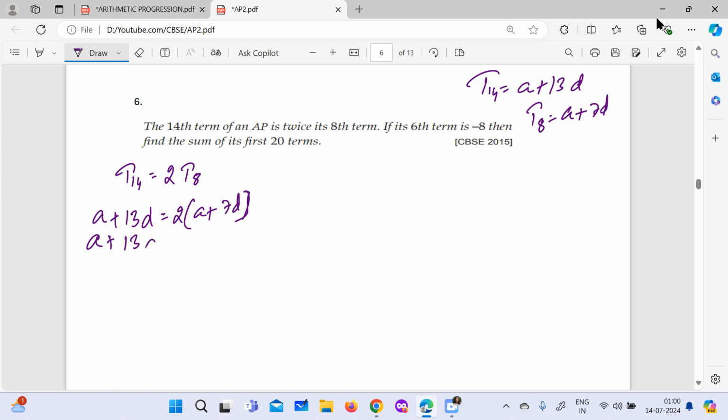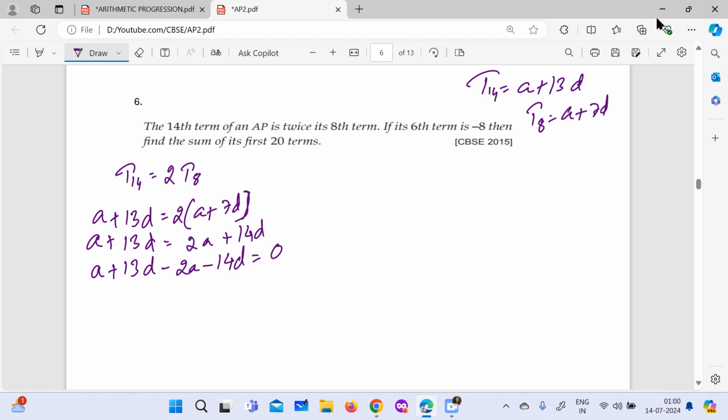A plus 13D equals 2A plus 14D. Now what we can do is bring everything to one side. So A plus 13D minus 2A minus 14D, and that will be equal to 0.